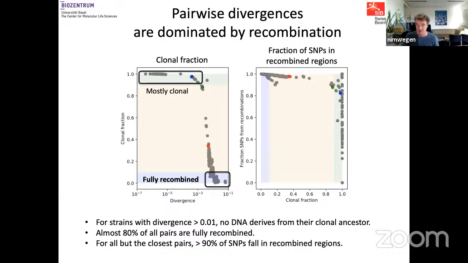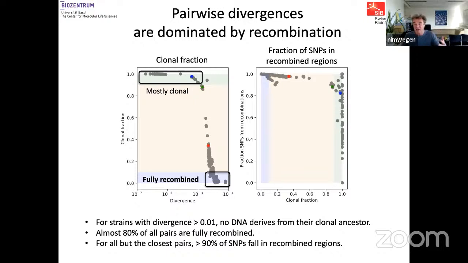actually was clonally inherited. And moreover, even if you go to pairs of strains where there still is a substantial amount of clonally inherited DNA left, okay, so here I'm looking at pairs that have 40% up to sort of 80% clonally inherited DNA, it's still the case that of all the differences between them, 90% or more come from the recombined regions.